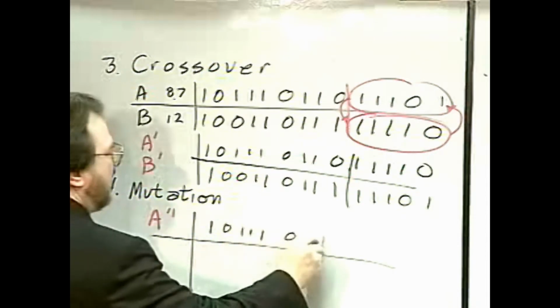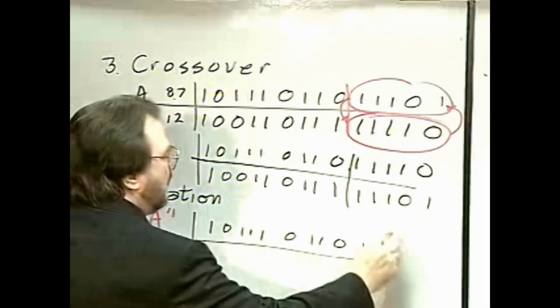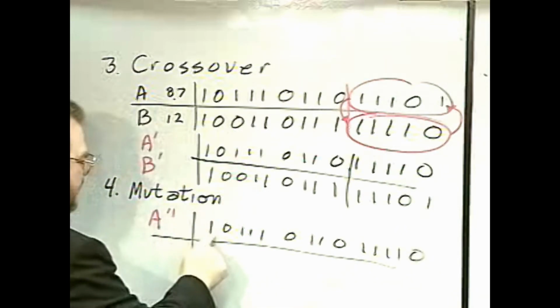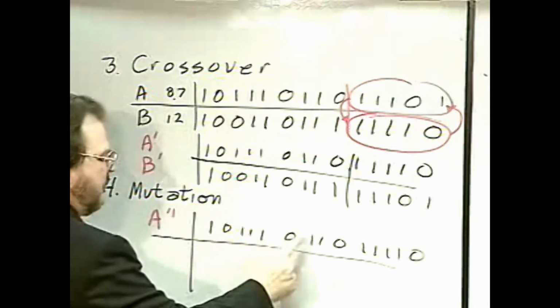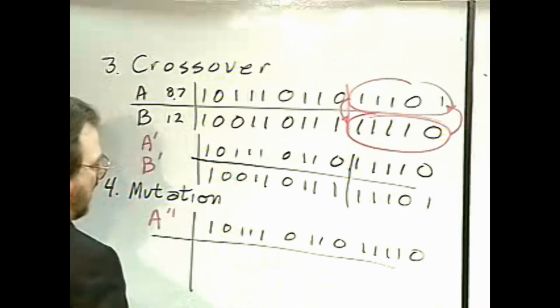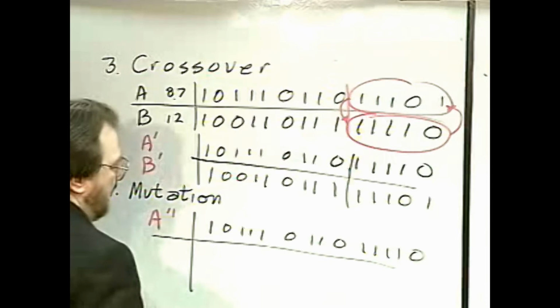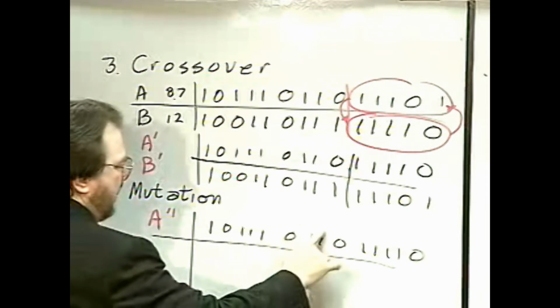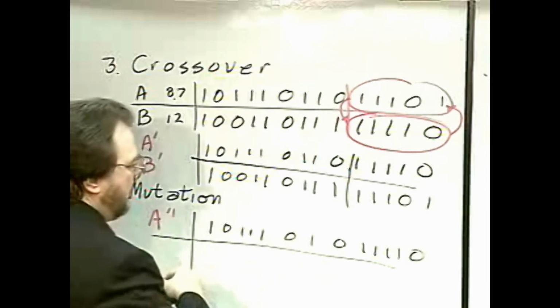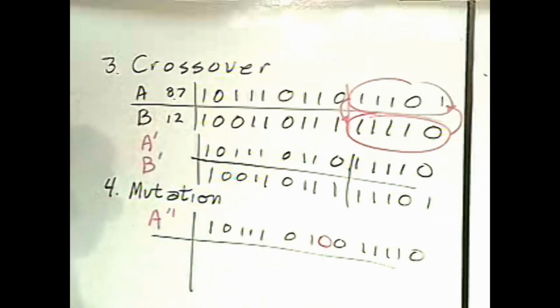Well, here's A prime. And we might go along here and say, keep this one same. Say flip a coin, which maybe has a 1 in 10 probability of coming up. And so roughly every 10th value you would get a 1 turning into a 0. So this would mutate to a 0. And B double prime would be the same.